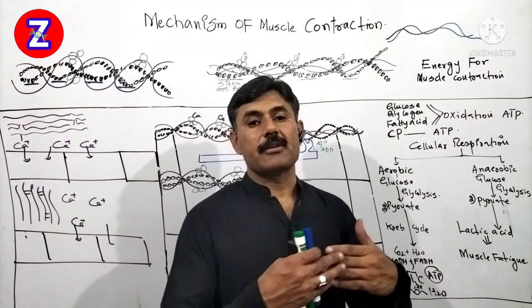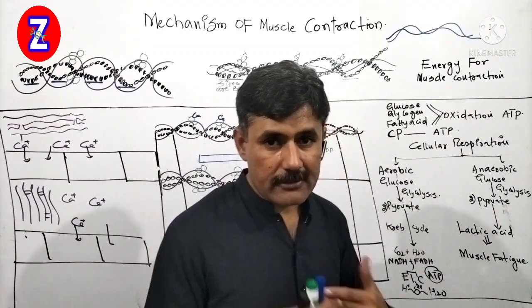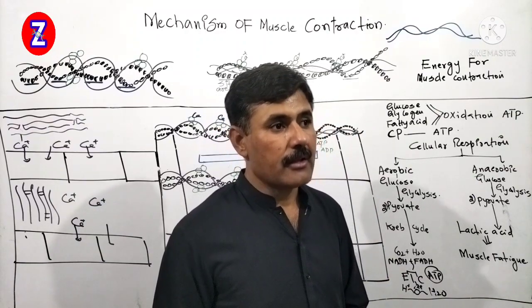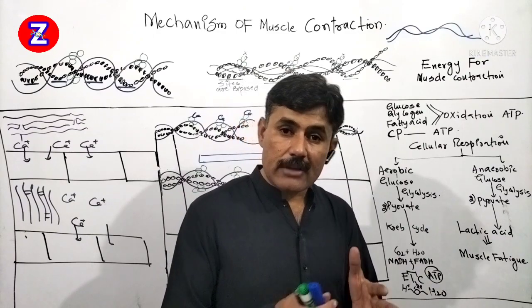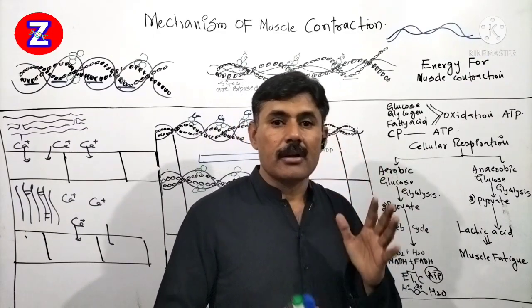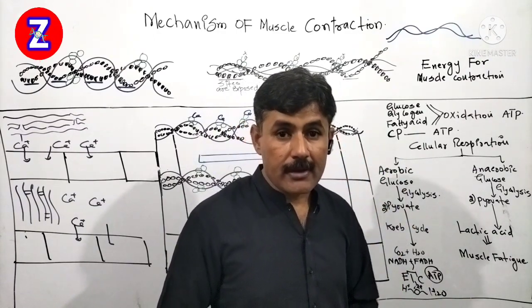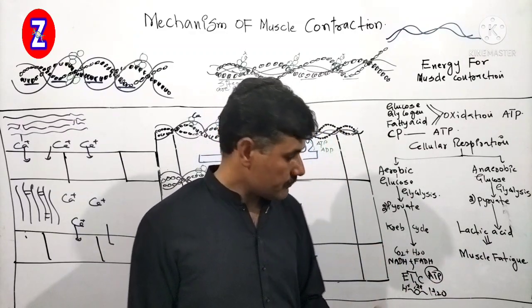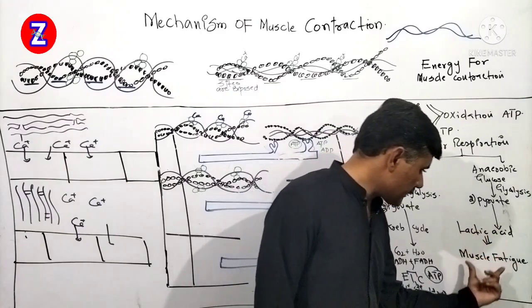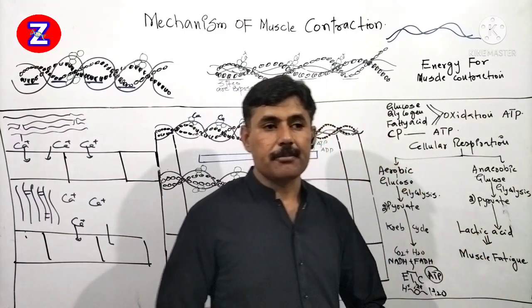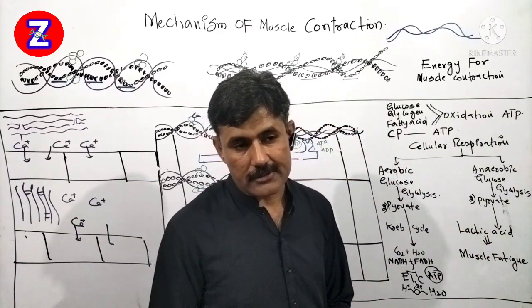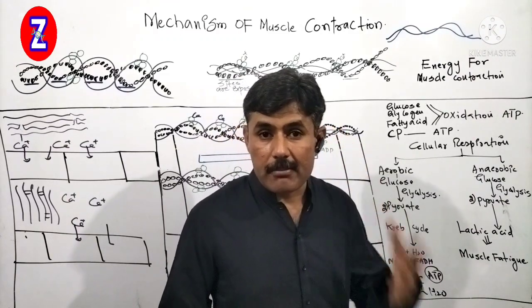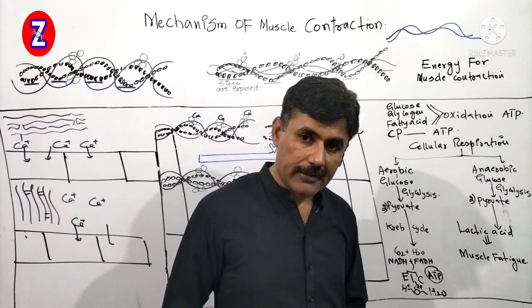And when pyruvate is converted into lactic acid, it's not completely broken down. Therefore, it's not releasing a sufficient amount of energy, so we can say this anaerobic stage produces no significant amount of ATP. On the contrary, lactic acid itself is toxic. And when this toxin is stored in the muscles, it produces a tiring effect in the muscles. Therefore, it causes a problem that's called muscle fatigue.